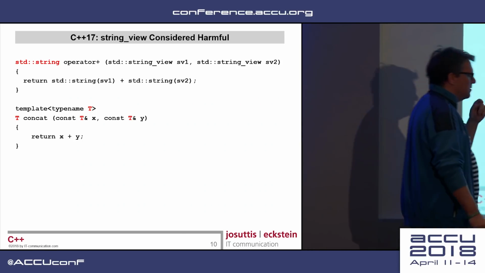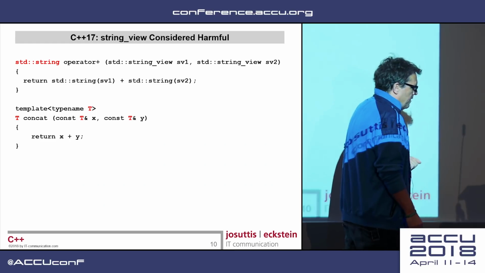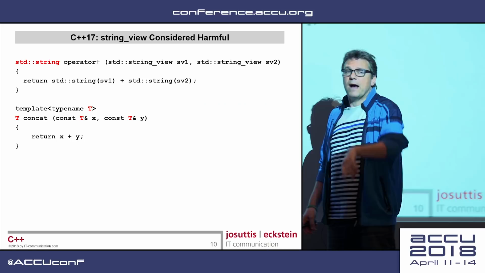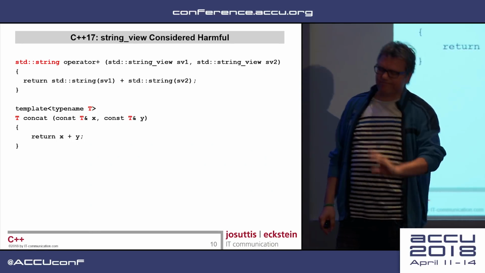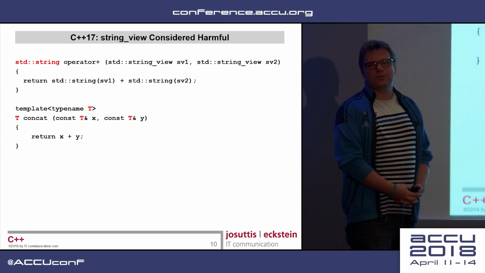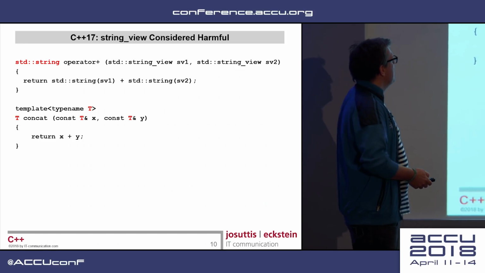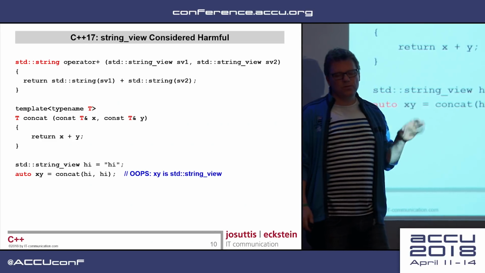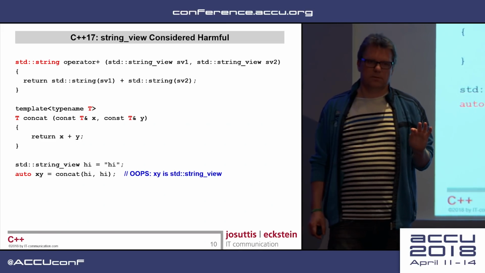And of course it returns a T because usually for each and every type the sum of two Ts should be a T, and if not, it would not compile. Well, we have an implicit type conversion from std::string to StringView. So the moment I call concat with two string views, this compiles without any warning.